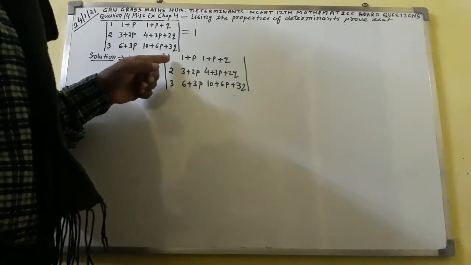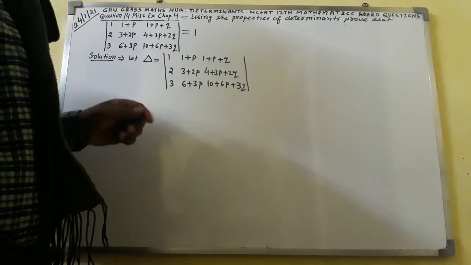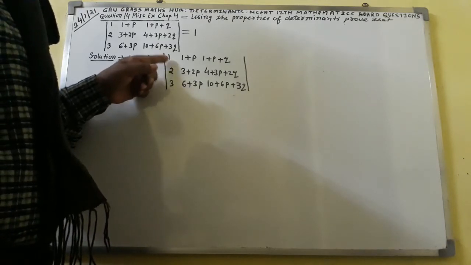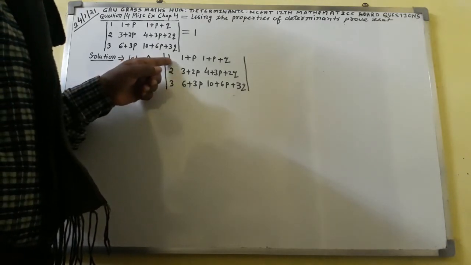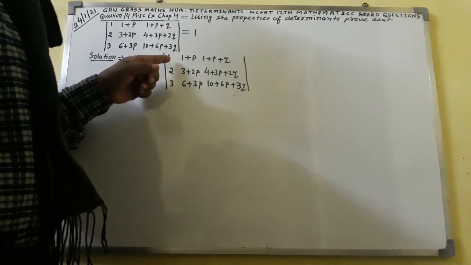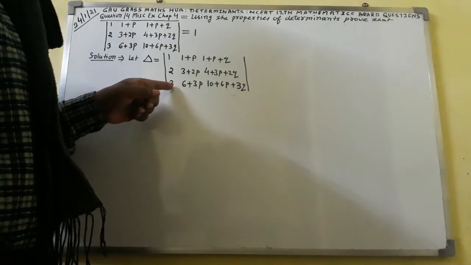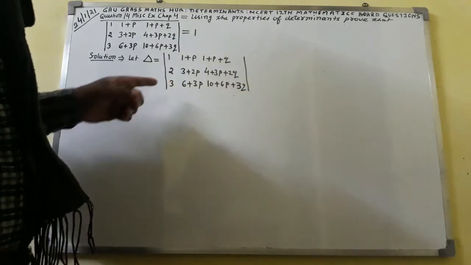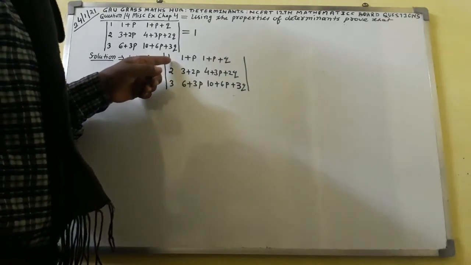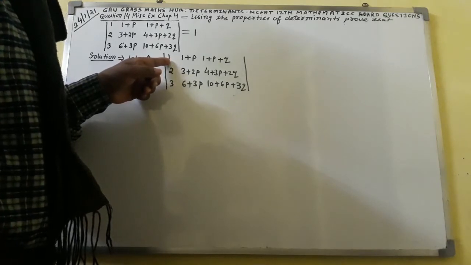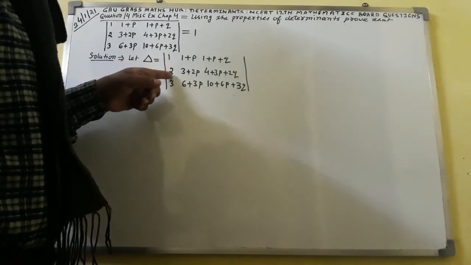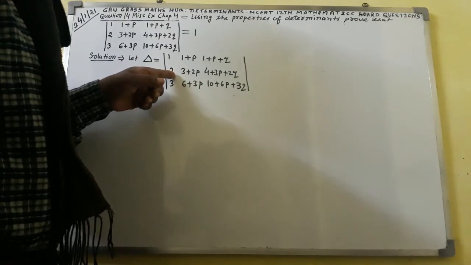Here 1 is there, here 3 is there. If you multiply 1 by 3, it comes out to be 3. 3 subtracted from 3, we will get here 0. Like this, if you multiply here 1 by 2, you will get 2. 2 will be subtracted from 2, you will get here 0.